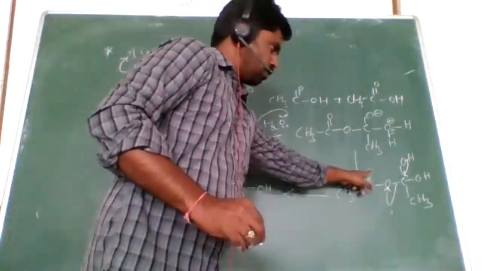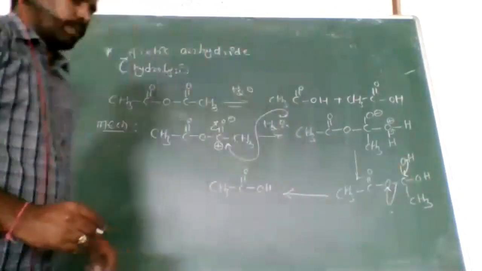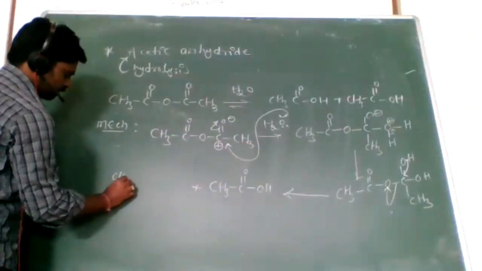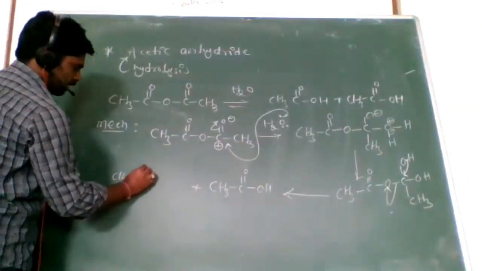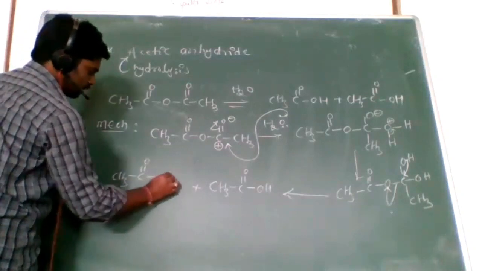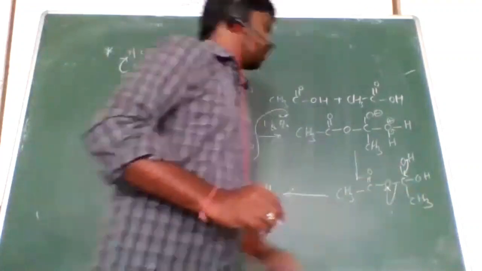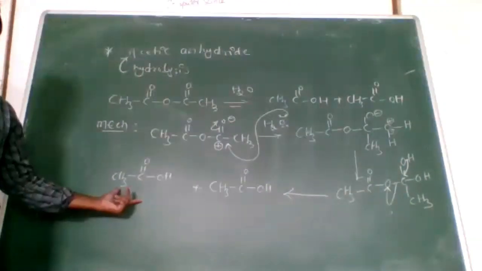This one is CH3COOH, and the other one is also CH3 C double bond OH. This is the second mole of carboxylic acid.